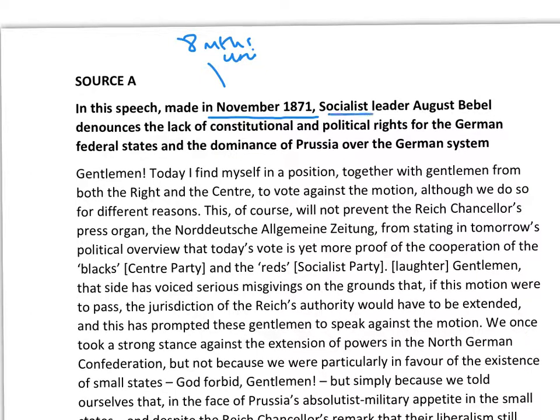I see the word socialist, and I think in context: I know that in May 1871, in other words 6 months earlier, the socialists had seized control of the capital Paris, the Paris Commune.